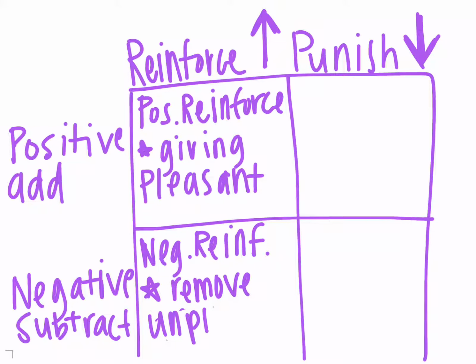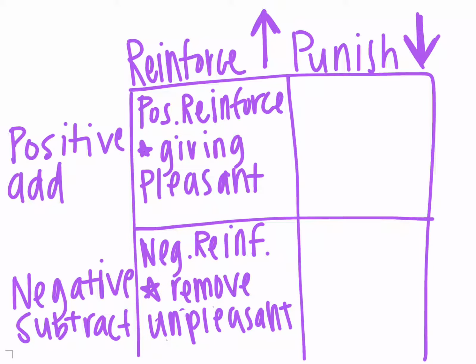Unpleasant. So, for example, you are taking away something that someone doesn't like. Remember, I said your parents might take away some chores to reinforce how often you do well on a test. If you do well on a test, we'll take away some of your chores. So again, you're removing something unpleasant. The chores are unpleasant, which is negative reinforcement because you're taking something away to increase behavior.